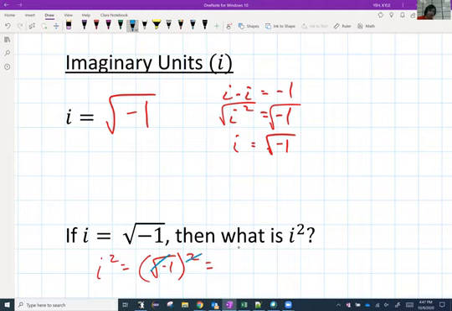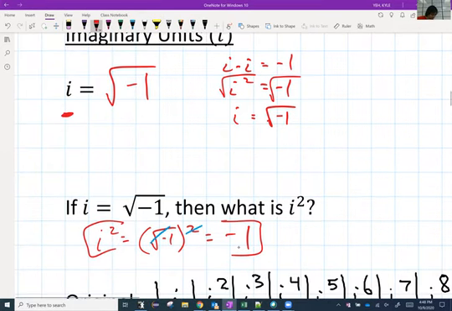Square root and squared are inverses, so they cancel each other out, leaving us with just -1. i squared is -1. This is kind of curious. i is an imaginary number. But i squared is a very real number. i squared is -1.